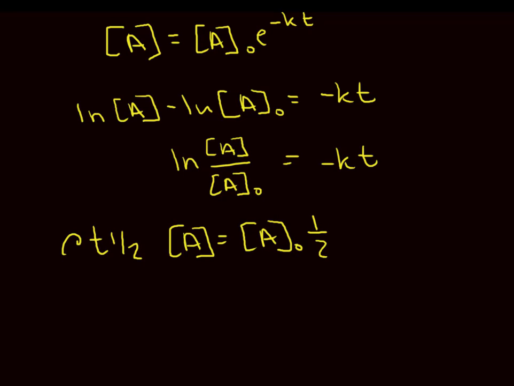1/2 of A naught, and we're going to go ahead and take that definition and insert it into our natural log to yield the natural log of 1/2 A naught over A naught equals minus kt.